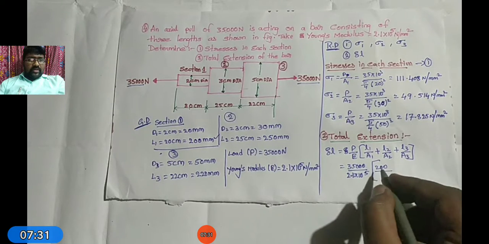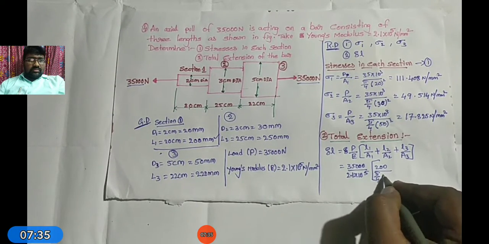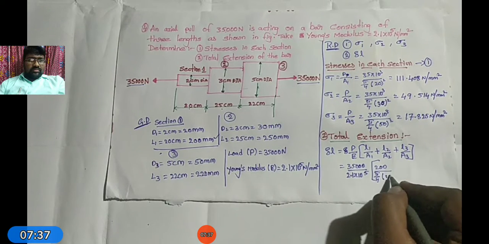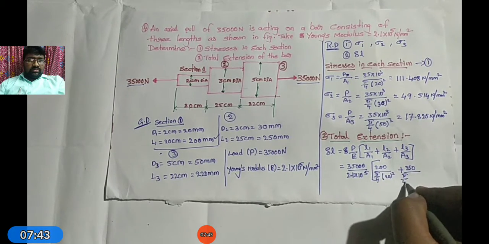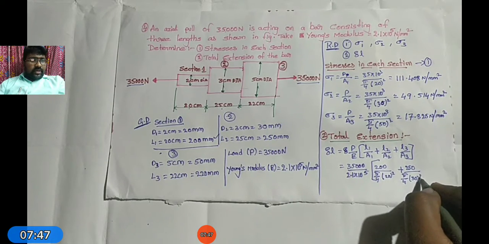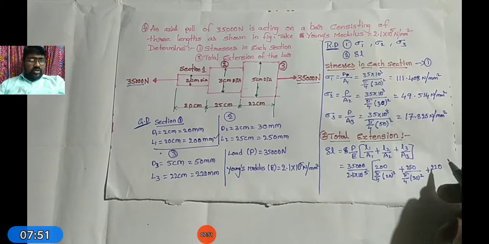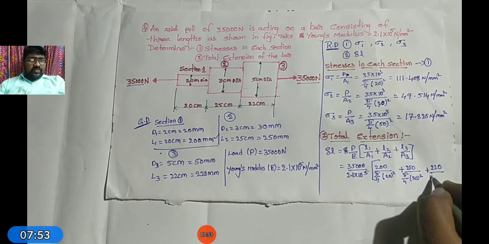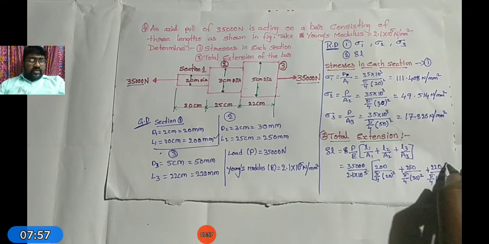L1 is 200 by A1. Substitute L2 by pi by 4 d square, and the L3 value is 220 by A3, that is pi by 4 d square. The diameter is 50.